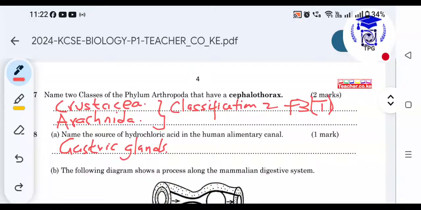To be specific, in the gastric glands, hydrochloric acid is secreted from the oxyntic cells. But just by saying gastric glands, you are good to go.